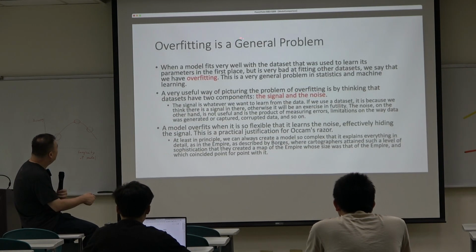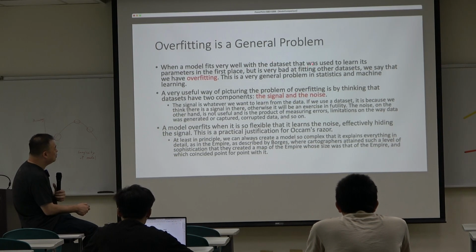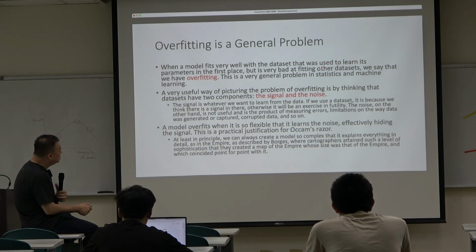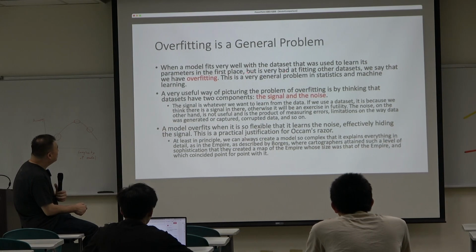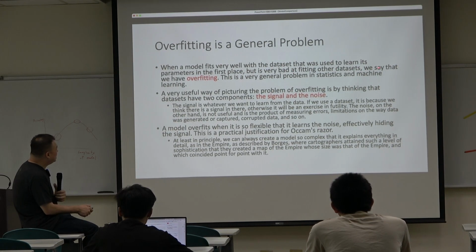Overfitting is a general problem where a model fits very well with the data set that was used to learn its parameters in the first place. This is the training data. But it is very bad at fitting other data sets. We say that we have overfitting.